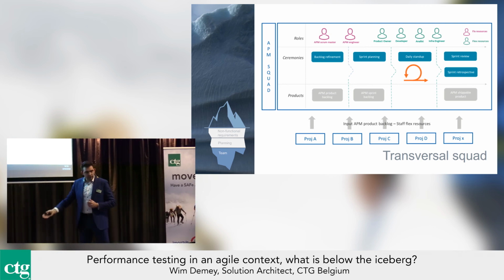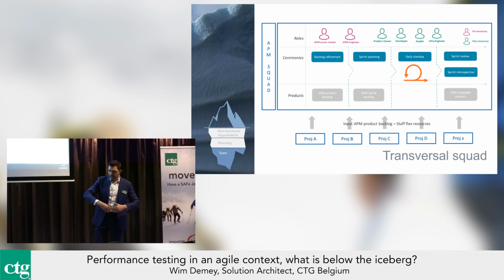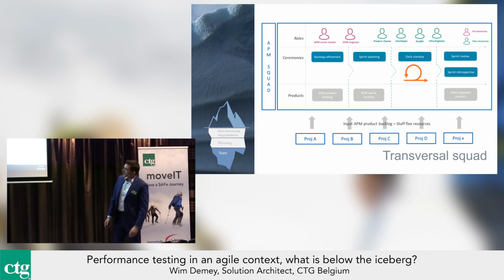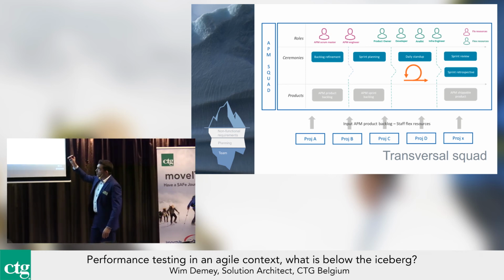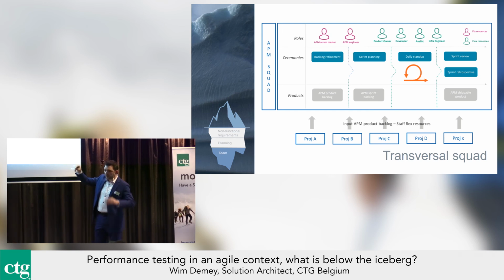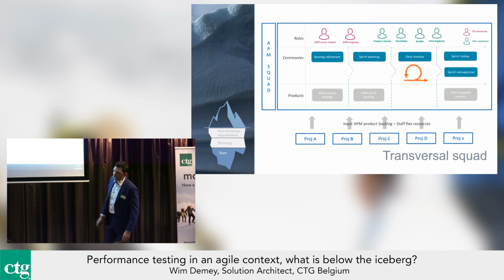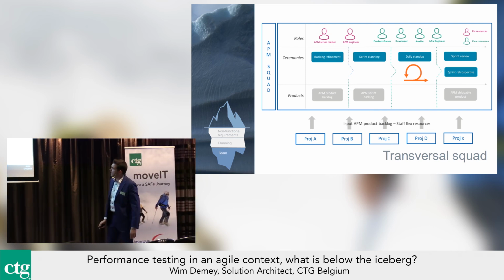At the end of the sprint, those resources are released back to their squads. And in Scrum of Scrums meetings and in your PI planning, you try to make a planning of when you need which resource from which team.